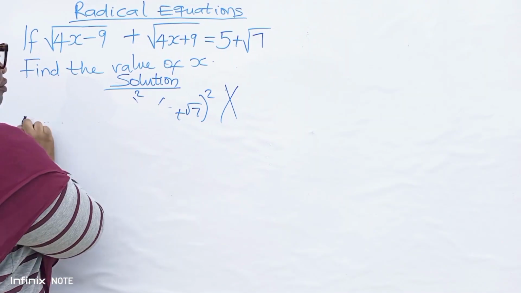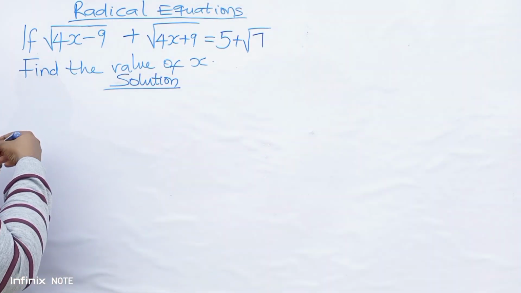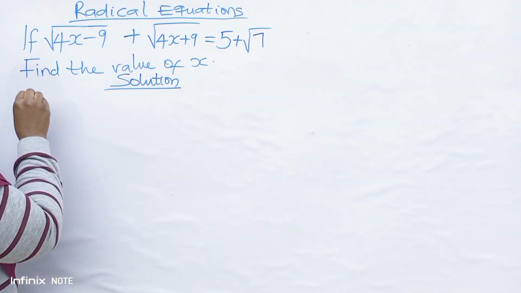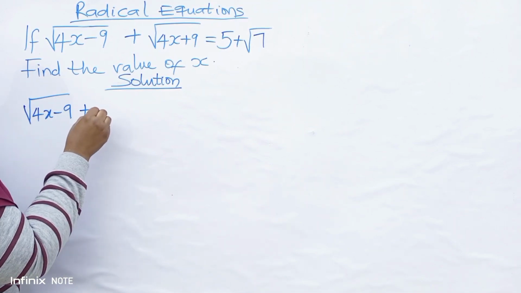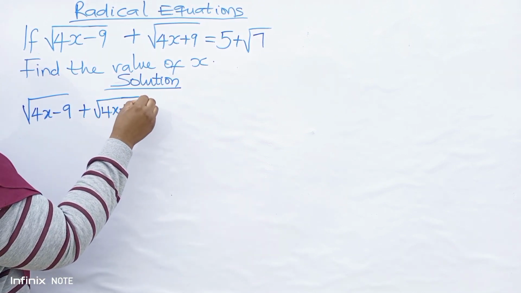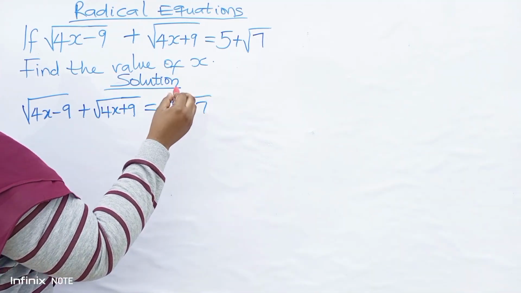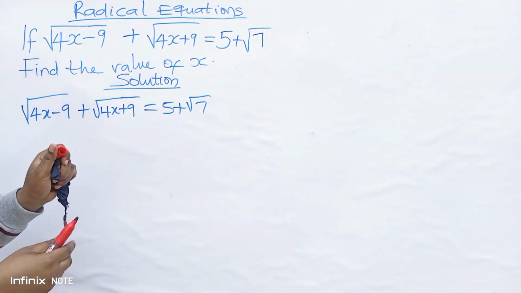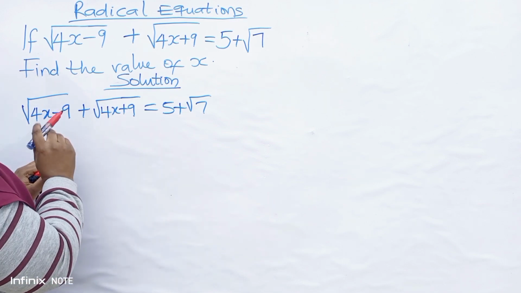If you want to square both sides of this kind of equation, root 4x minus 9 plus root 4x plus 9 is equal to 5 plus root 7, you can see that this equation has two sides.